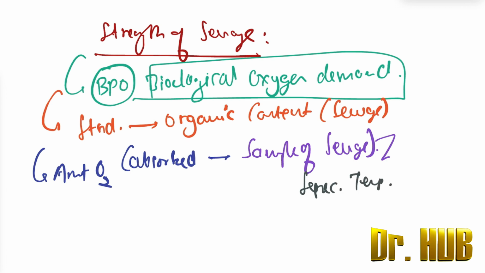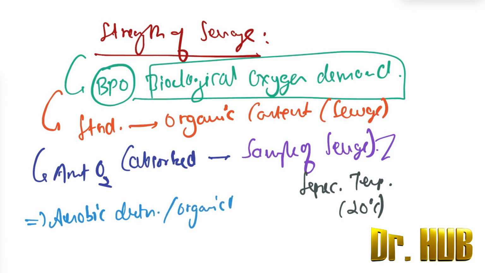This is generally around 20 degrees Celsius, and this is for aerobic destruction or use of organic matter by living microorganisms.